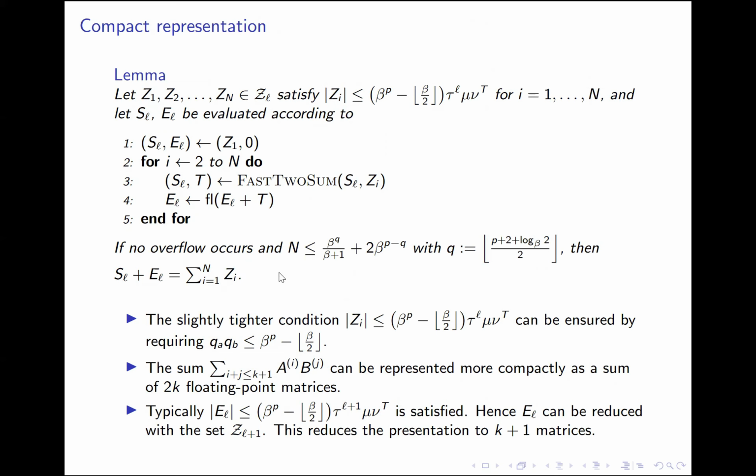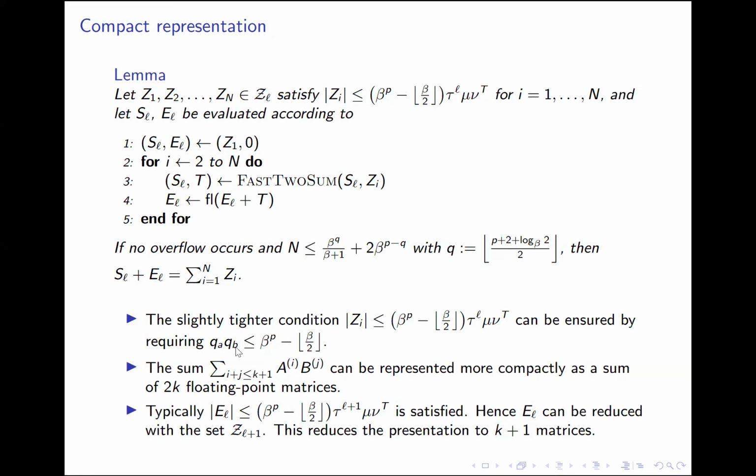There's a restriction on the number of matrices, and there's a slightly stronger condition on the upper bound of the matrices, which can be ensured by requiring that Q_A times Q_B should be bounded accordingly, and of course this tau also needs to be bounded accordingly. But this restriction is more or less the same as before, so it's a very slight restriction in addition.